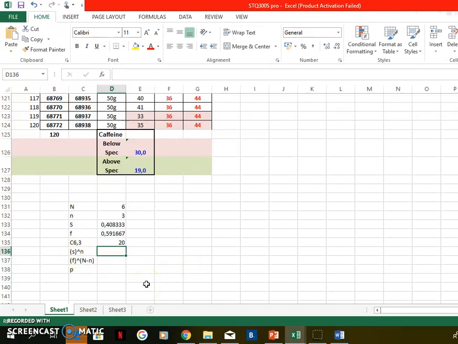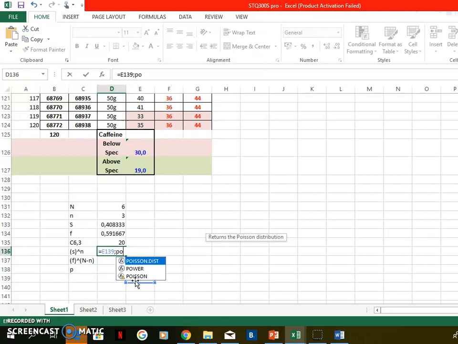Now we come to our probability of a success to the power of small letter n, and we are going to be calculating that now. That is our small letter s to the power, we put our semicolon and the power of small letter n, which is 3.